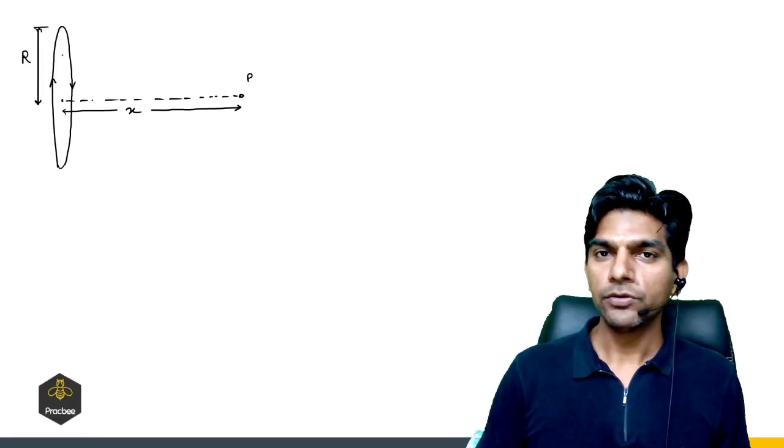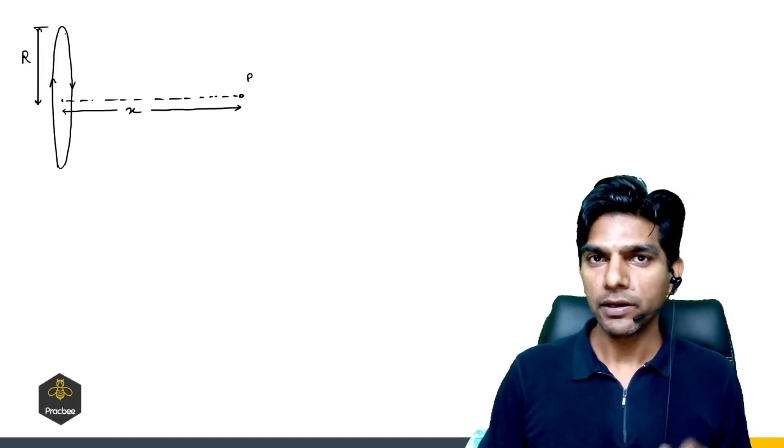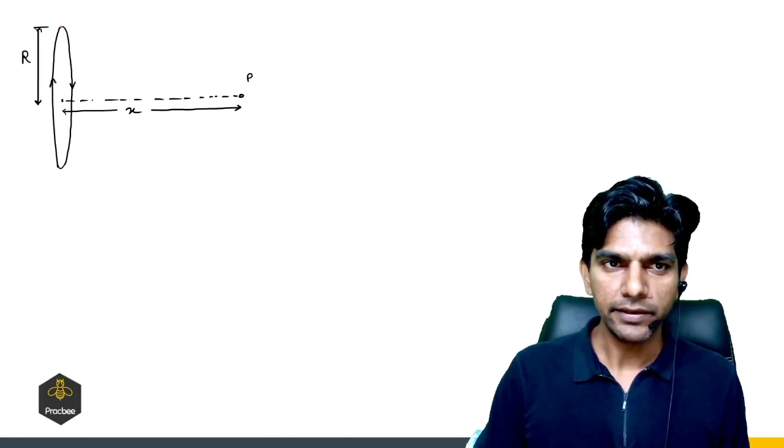So what I'm going to do, I will take two elements, diametrically opposite elements. So first I will take a current element at the top.